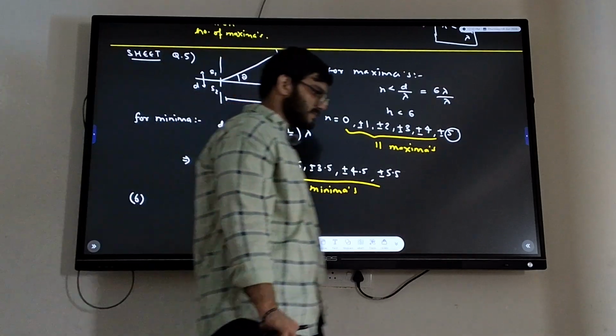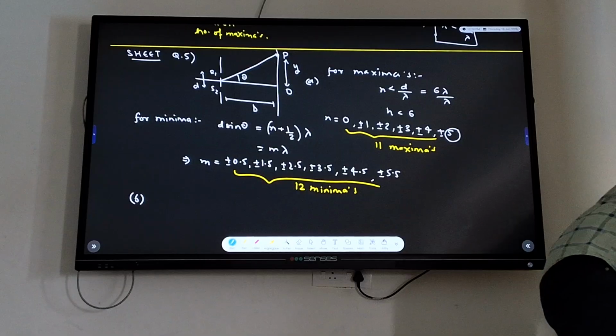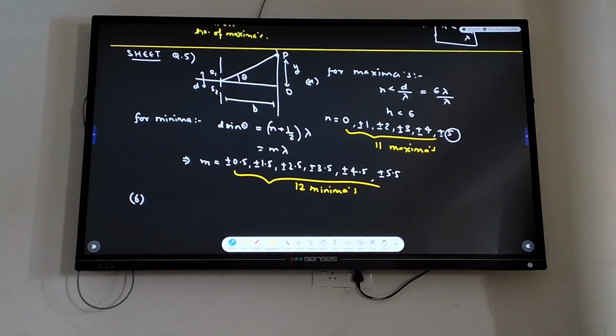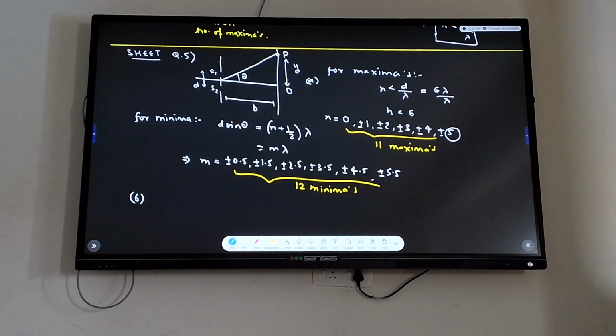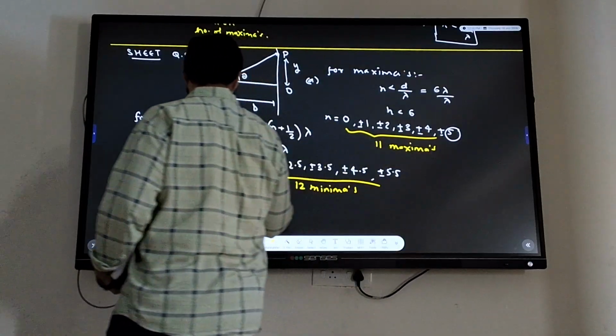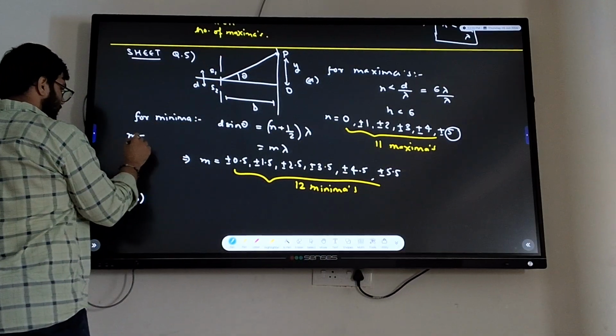0, 1 incorrect. M is equal to n plus half. I should write it somewhere.